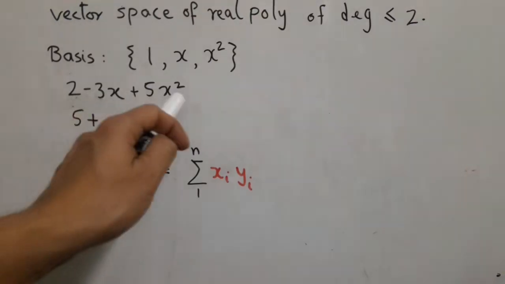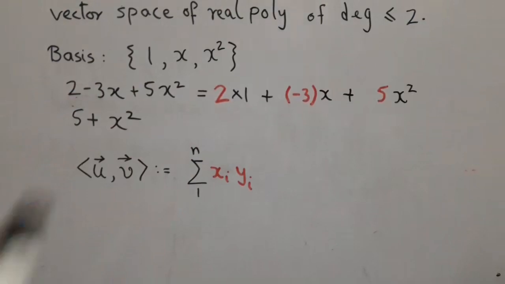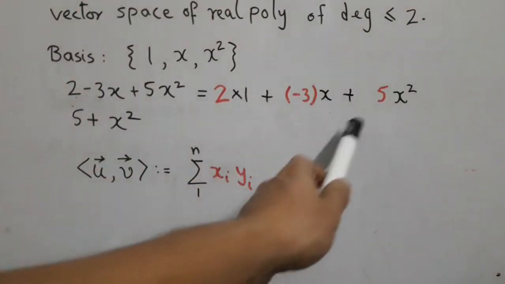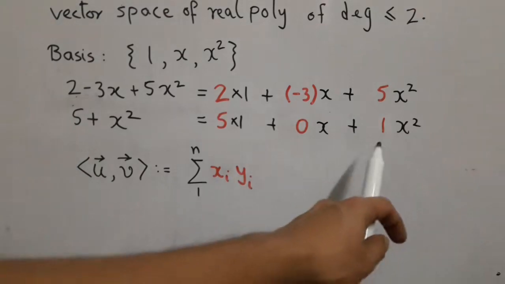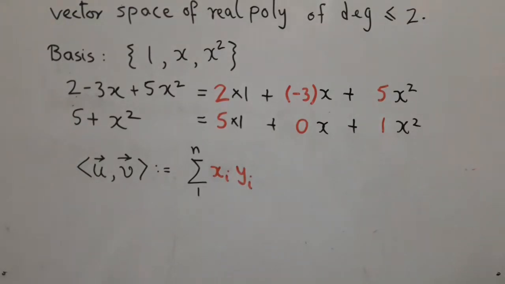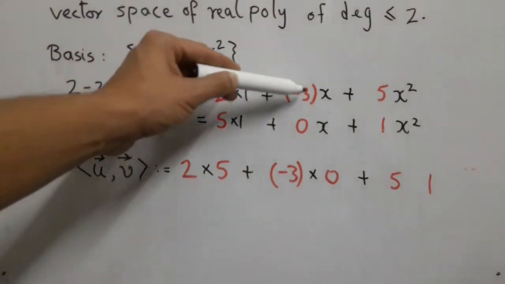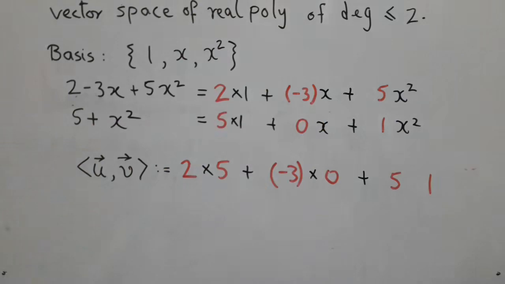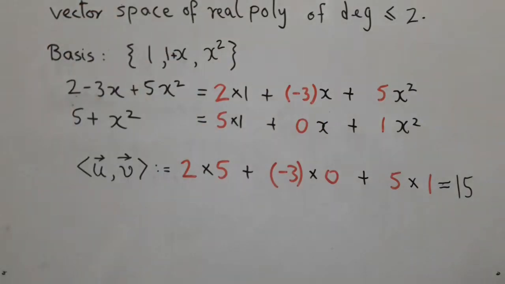When I expand this polynomial as a linear combination of this basis, I get 2 times 1 plus minus 3 times x plus 5 times x squared. And when I expand this polynomial, I get 5 times 1 plus 0x plus 1 times x squared. So the inner product becomes 2 times 5 plus minus 3 times 0 plus 5 times 1. And that equals 15.